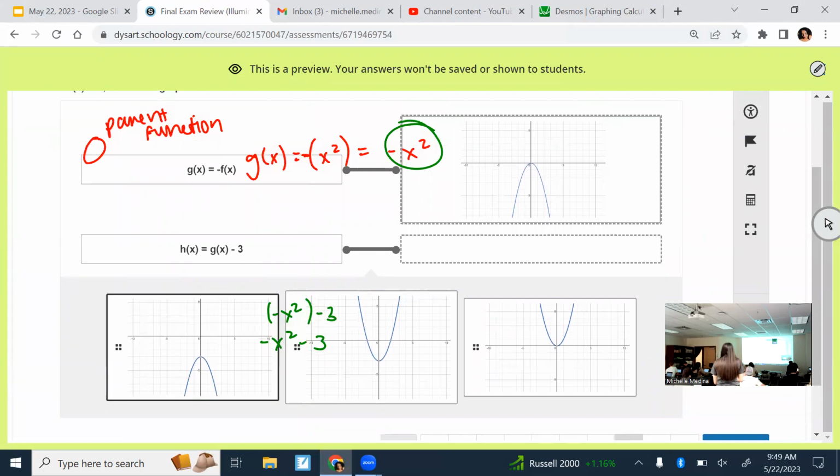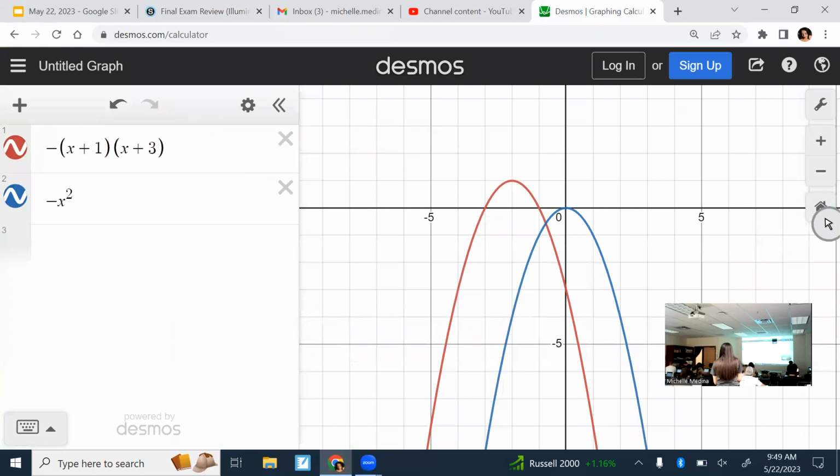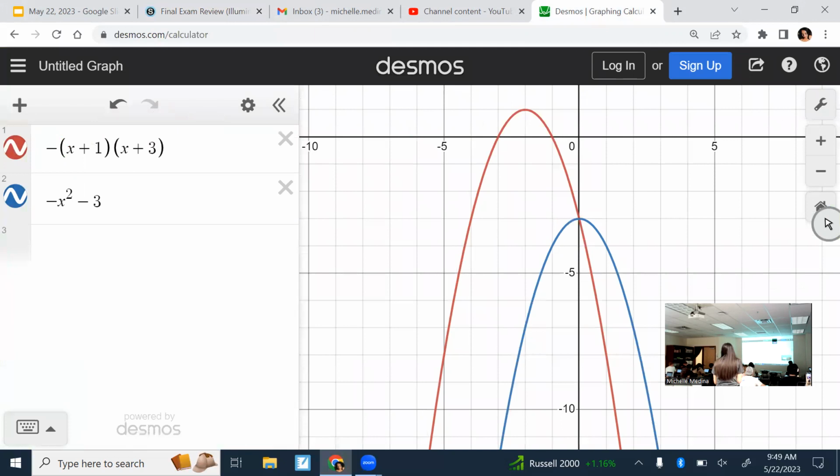So there's really only one option it could be of those that are left. But if you graph it, you could really see for sure, if you put minus 3 at the end, it moves it down 3. Okay, the x is still 0, but it moved it down, so it didn't move it left or right or anything. And there you go.